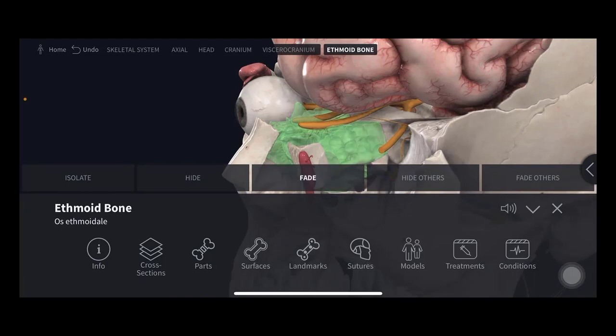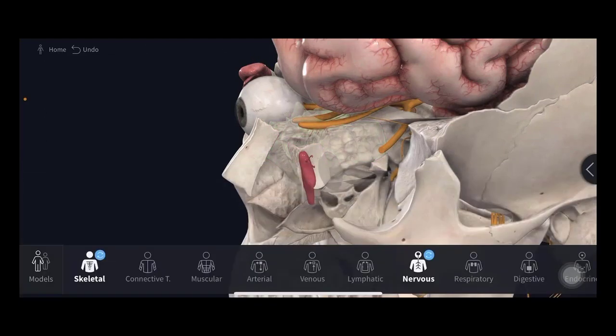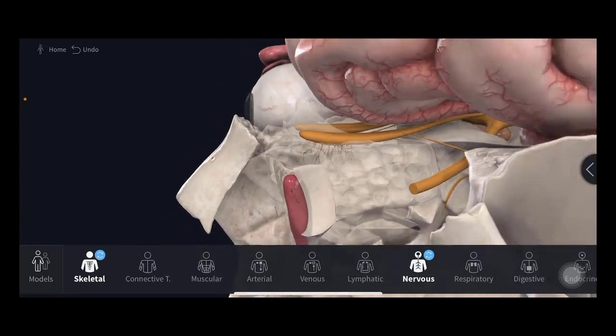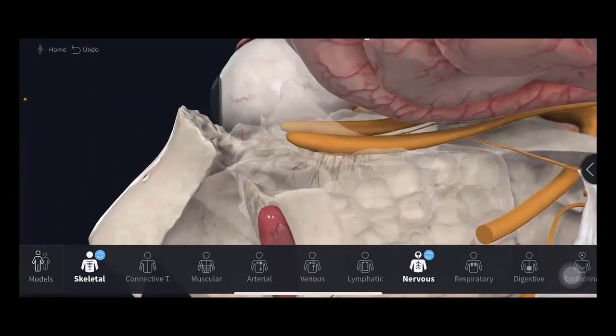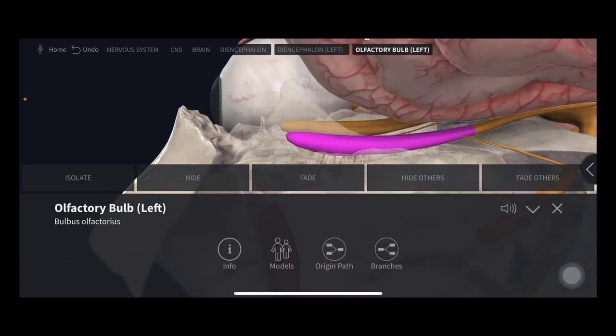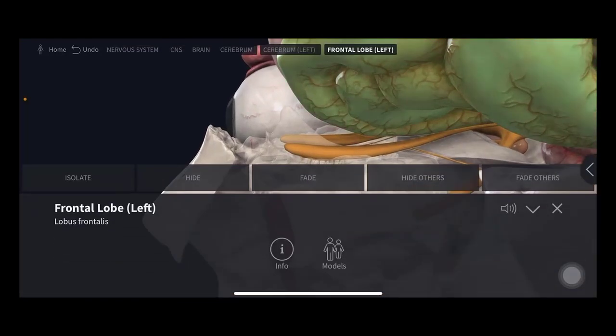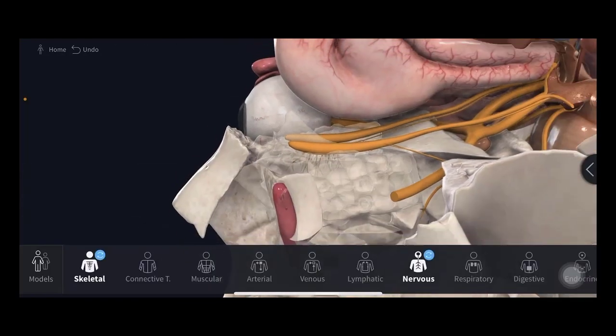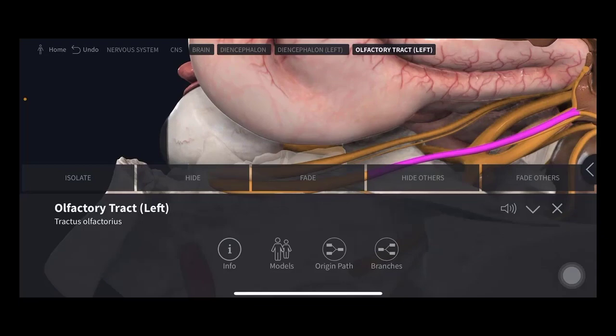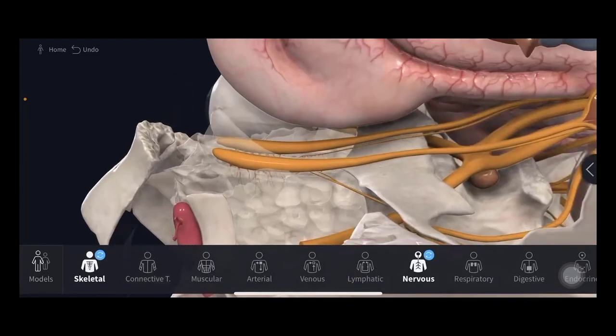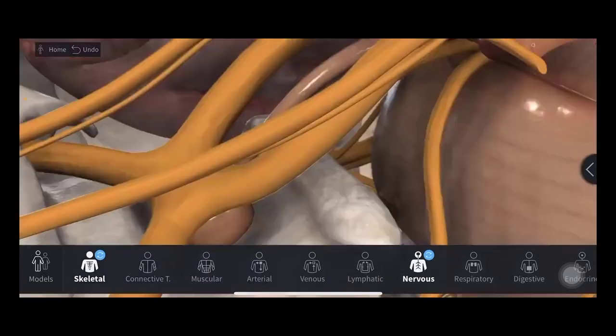If we fade the ethmoid bone, we can see here, yes, exactly here, the olfactory nerves that pass through the cribriform plate, and after that we have here the olfactory bulb. And after the olfactory bulb, we will have the olfactory tract here.